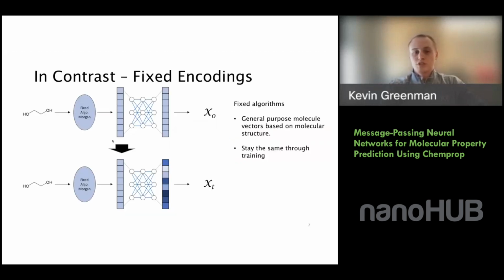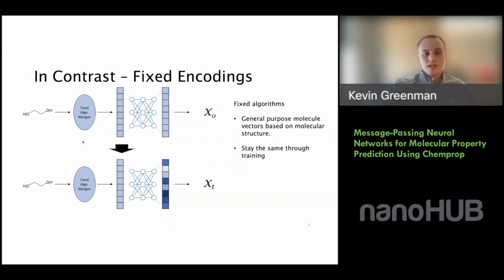So just to hammer this point home a little more, the light blue is meant to indicate in the vectors the starting vector. So you're starting with some vector for the fingerprint.